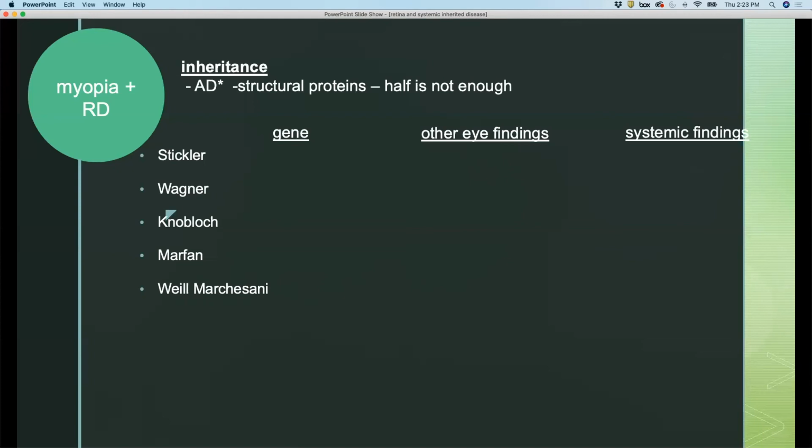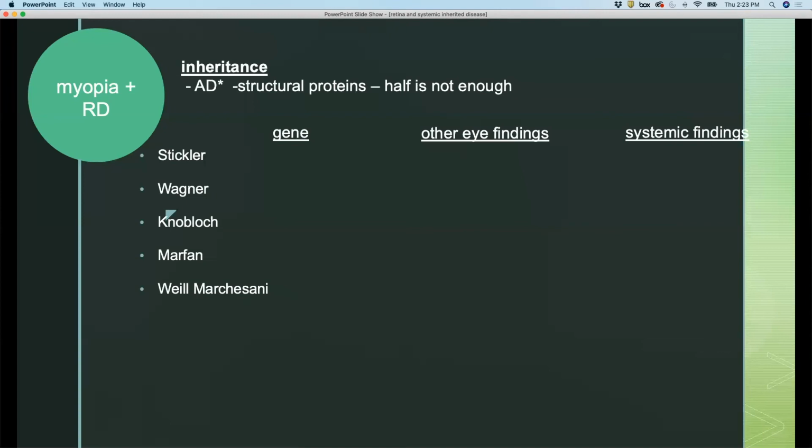So what genes are mutated in any of these conditions? Stickler is collagen. Very good. Stickler is caused by mutation in collagen, which is a major structural protein in the vitreous.